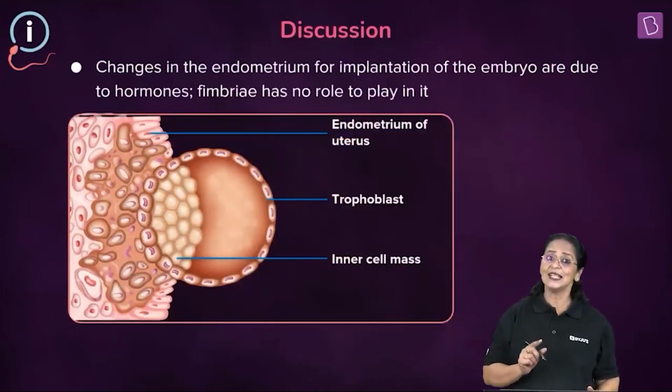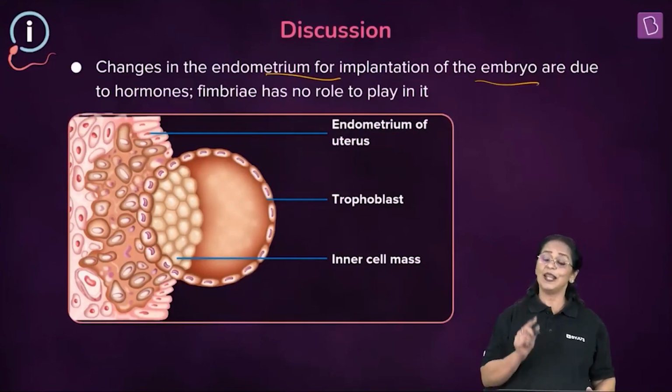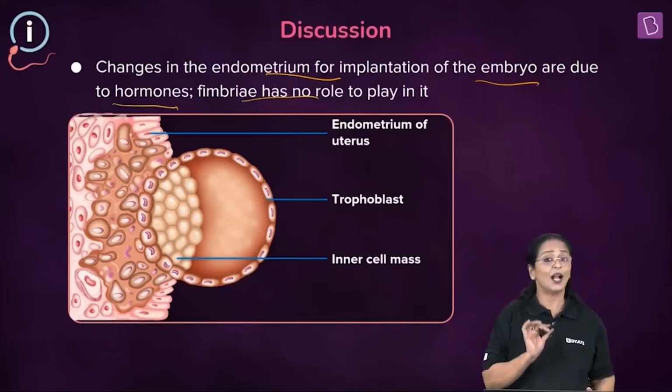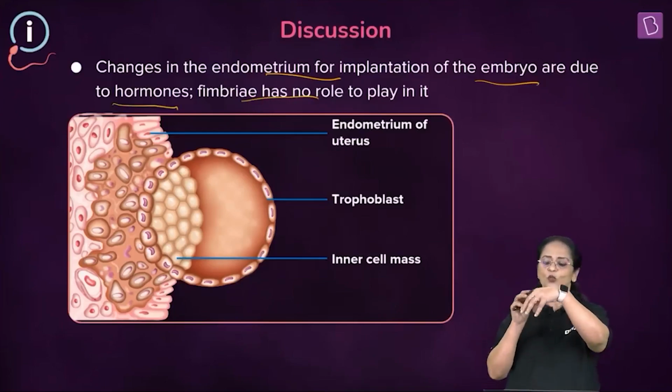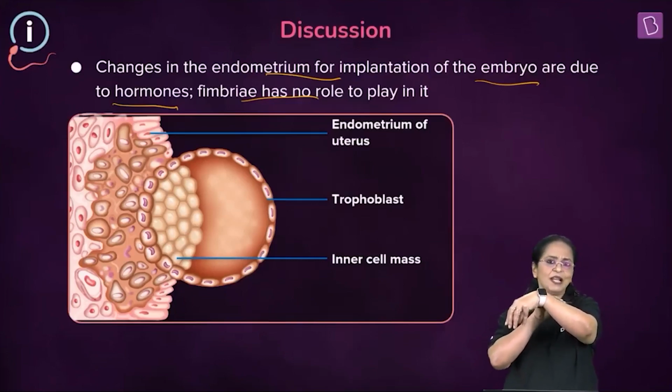Now, the changes that take place in the endometrium for implantation of the embryo are because of hormones, right? The fimbriae has no role in it. So the secondary oocyte is brought in here. The fertilization takes place in the ampulla. From there, the fertilized zygote starts dividing, right?